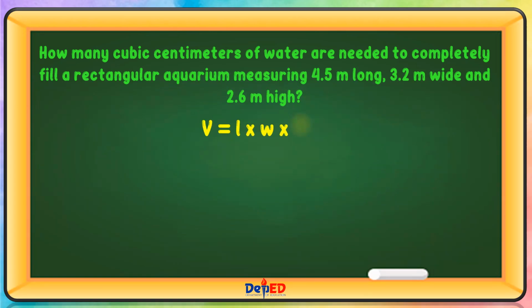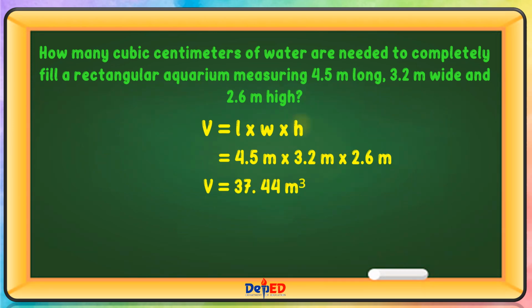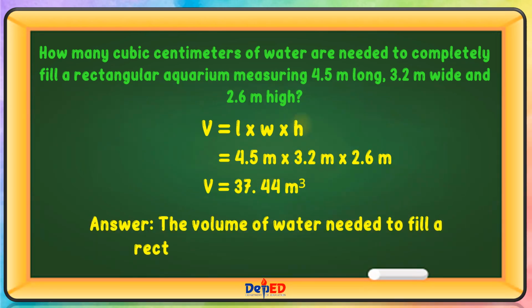Volume is equal to length times width times height, equals 4.5 meters times 3.2 meters times 2.6 meters, equals 37.44 cubic meters. Our answer is the volume of water needed to fill the rectangular aquarium is 37.44 cubic meters.